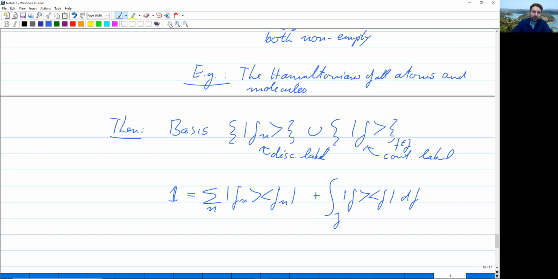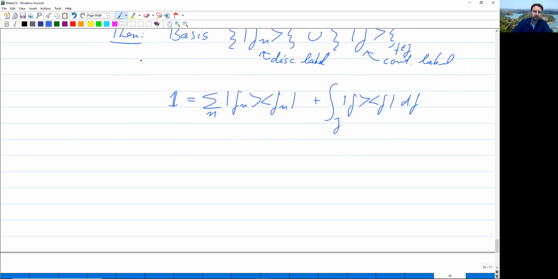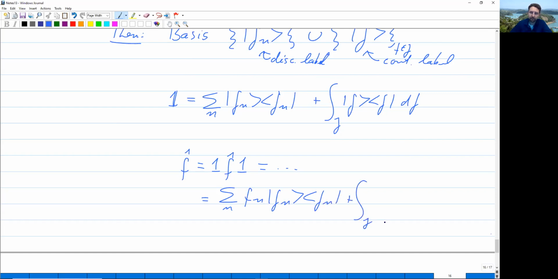And that also means that our operator, f hat, if we apply the identity left and right, and then dot, dot, dot, I leave it to you to fill this in, is the sum over n of the fn plus the integral over whatever the continuous index set is, the f, and then f df.